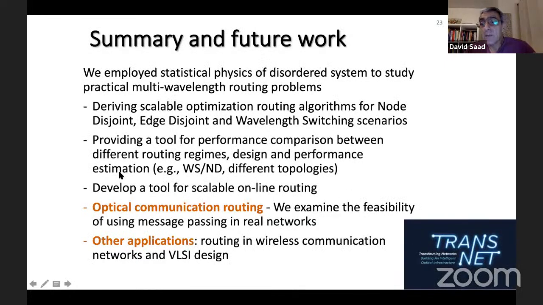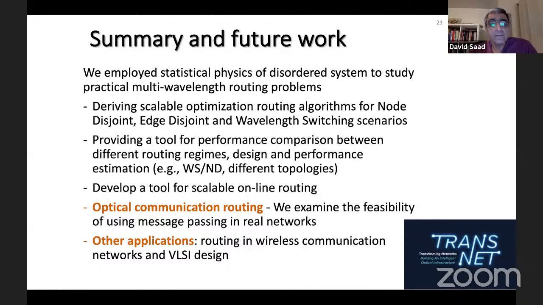I'll summarize very briefly because I know that I'm running out of time. We employed methods of statistical physics in order to develop a multi-wavelength routing algorithm and to explore the properties of the algorithm and the networks themselves. And we have derived a scalable optimization algorithm.